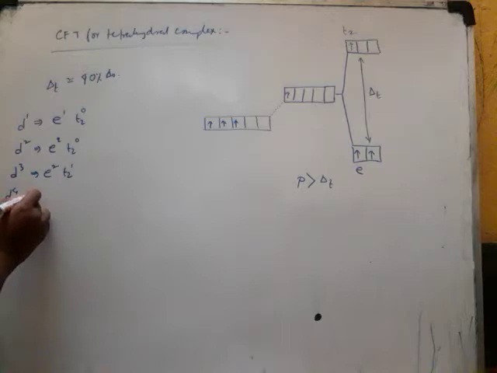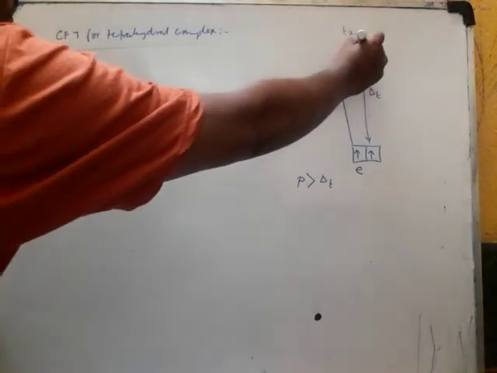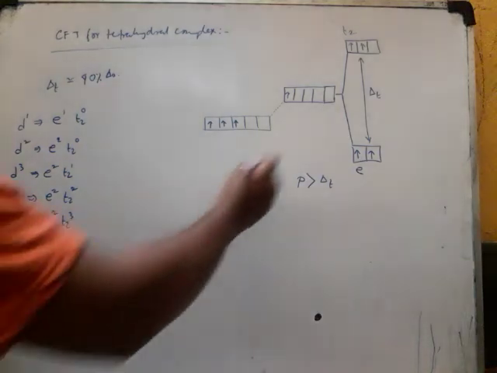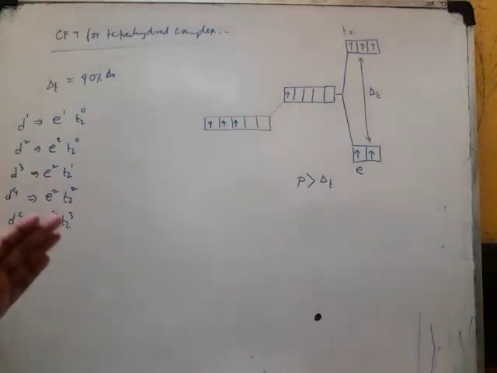Then d4 is E2 T2^2, d5 is E2 T2^3. Now it is seen that all the energy levels have at least one unpaired electron.